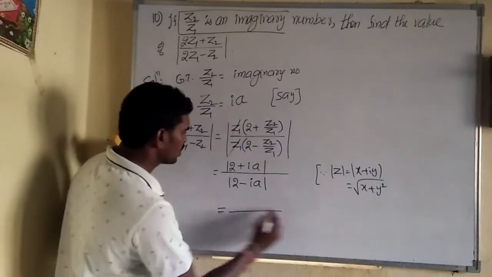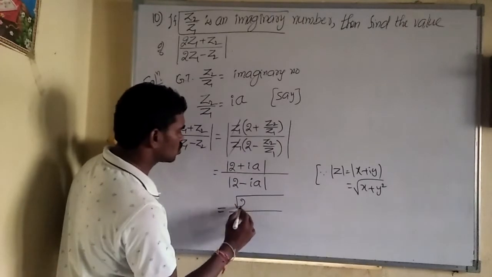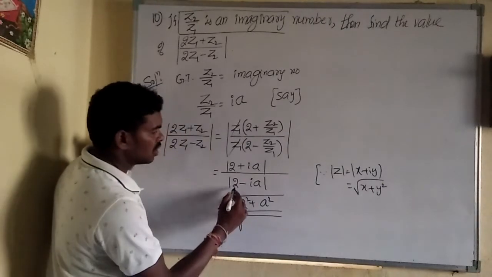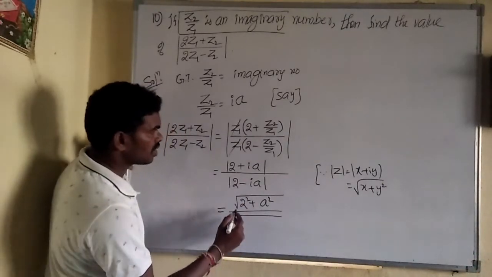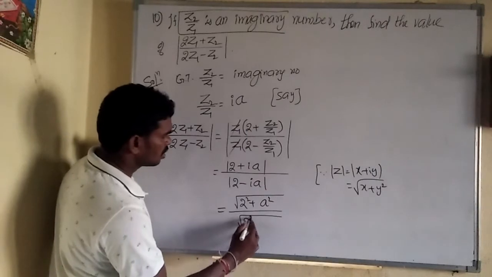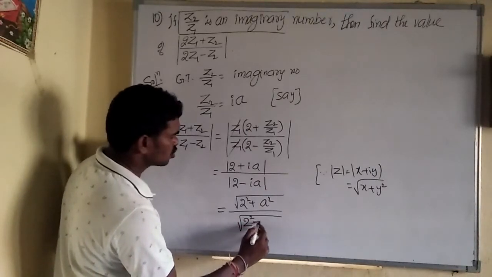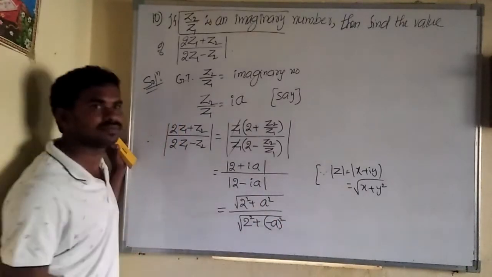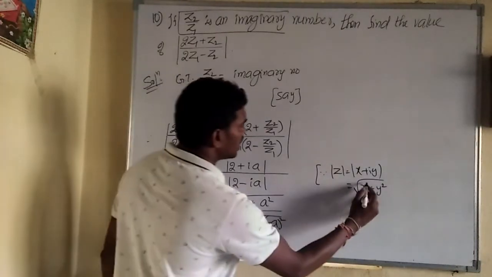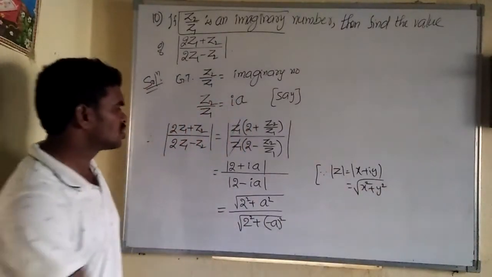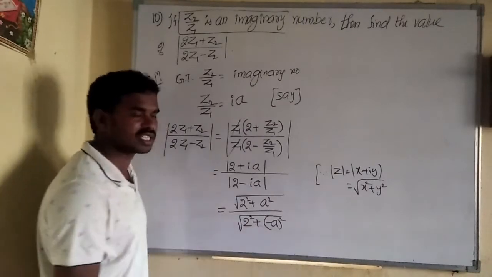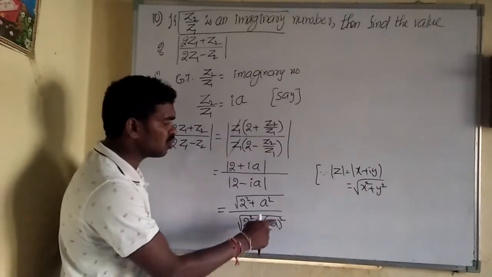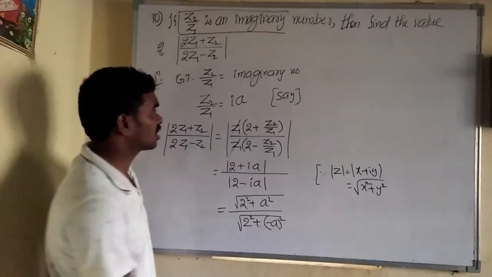So here also it is root of real part 2 square plus imaginary part a square, and by root of 2 square plus, here the i coefficient becomes minus a, so minus a whole square. Here, x square plus y square formula. So 2 square plus a square, and 2 square plus minus a whole square, because the i coefficient is minus a. And minus a whole square becomes what? That's it, plus a square.